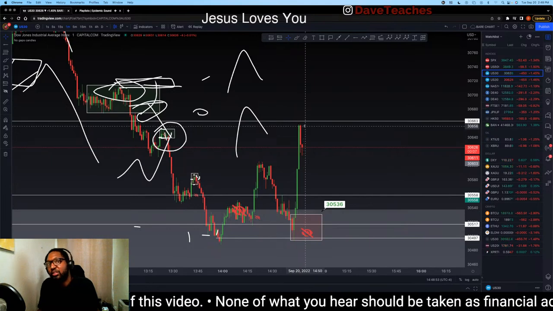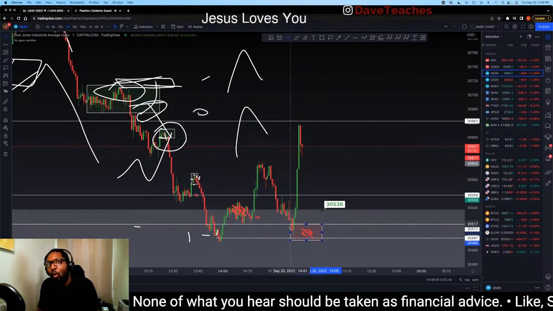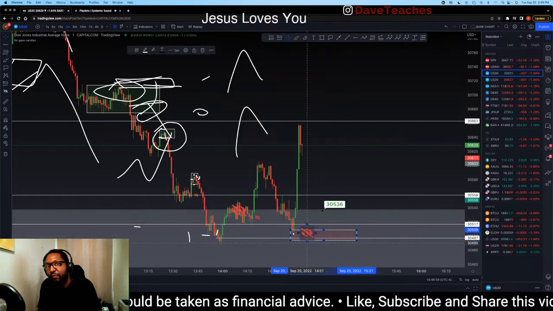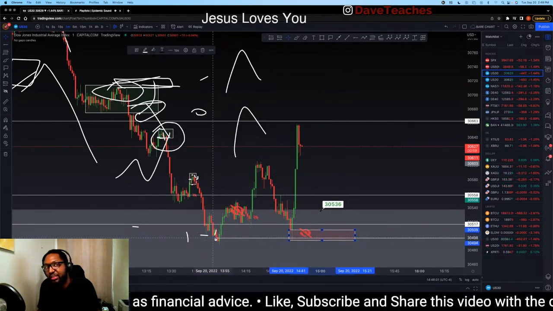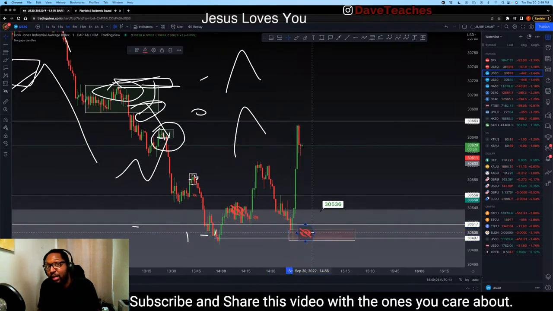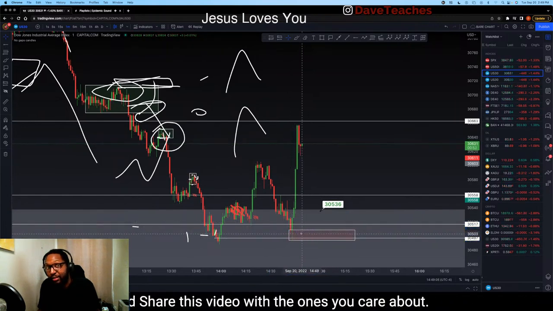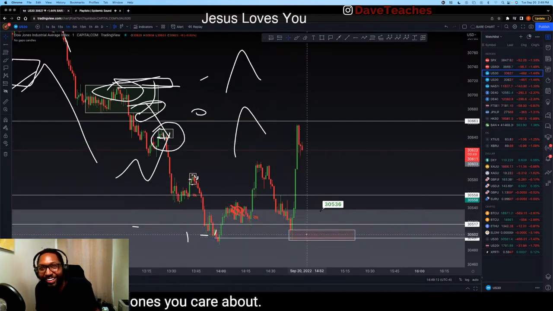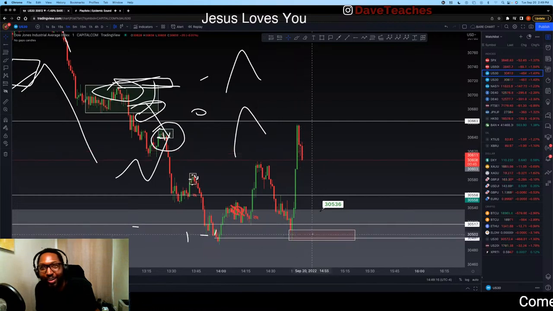This broke structure to the top side, as you guys can see. What you might first get is a reaction here at this wick. This wick stabbed into this S&D to the left, so that's what makes this wick a hidden S&D valid.